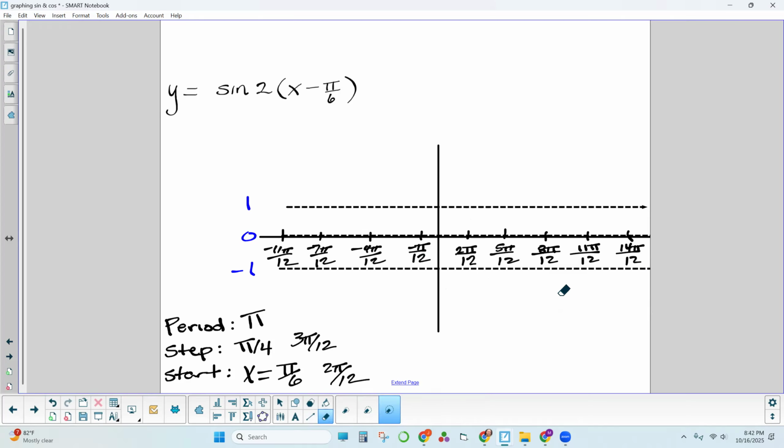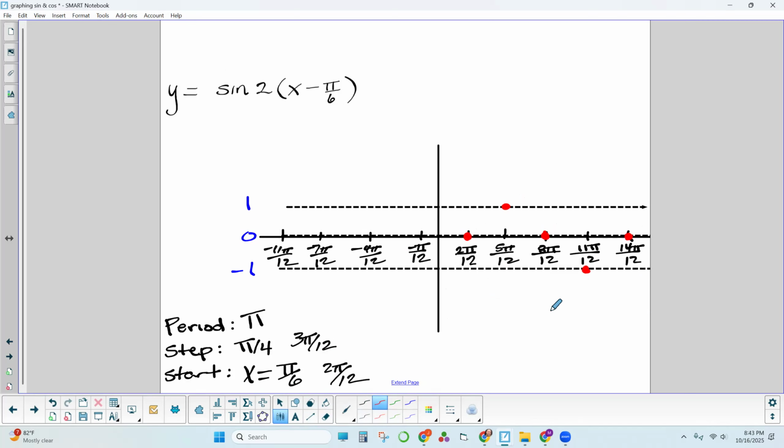Okay, the labeling is probably the toughest part of this. Getting your angles labeled correctly. Okay, so this is a sine graph. So I'm going to start in the midline, 2 pi over 12. And it has not been reflected. So from mid, I go high, mid, low, mid.